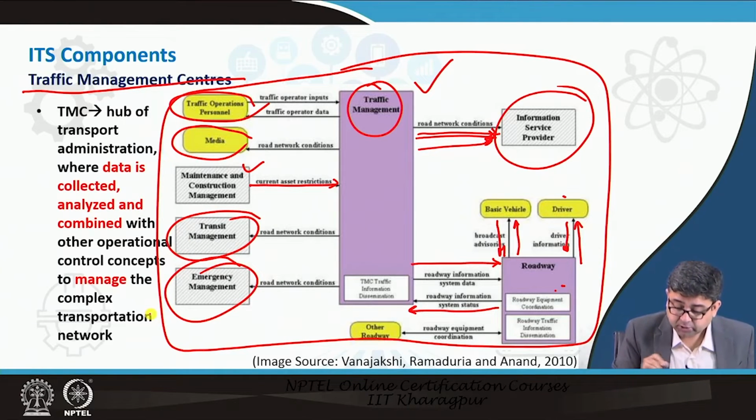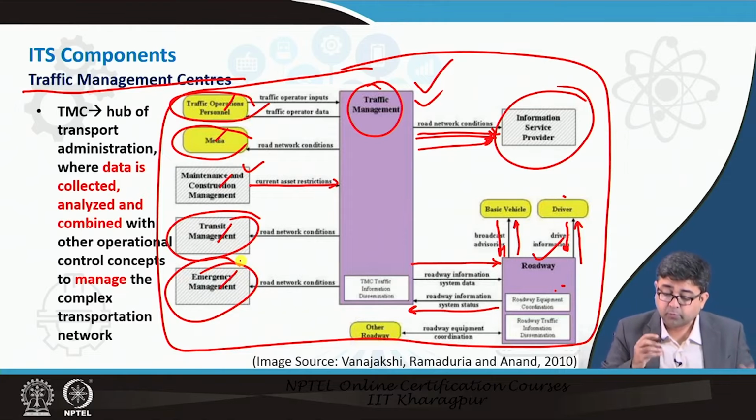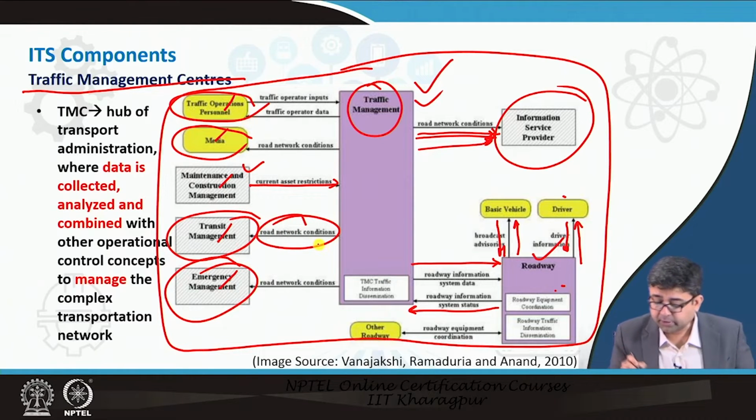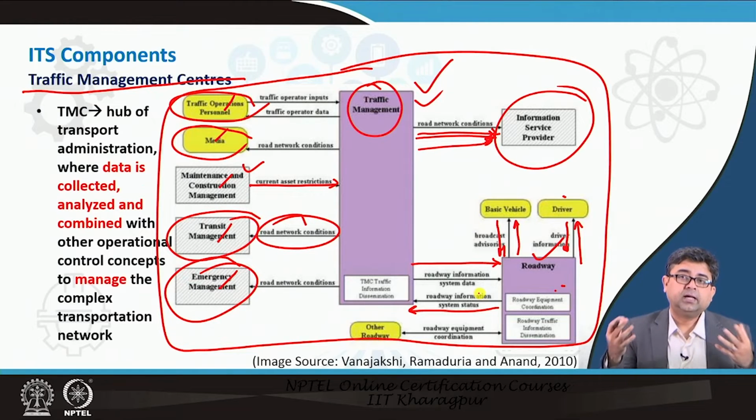So, the basic thing to understand is who are all the stakeholders that need to get data, or from whom we need to receive data, what kind of data we need to get, and does the data have to be a two-way communication or one-way communication, and so on and so forth. If one understands these basic things, then one would understand how to develop an ITS system for their city.